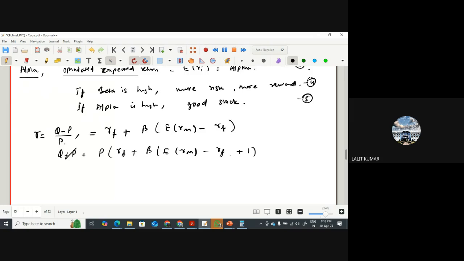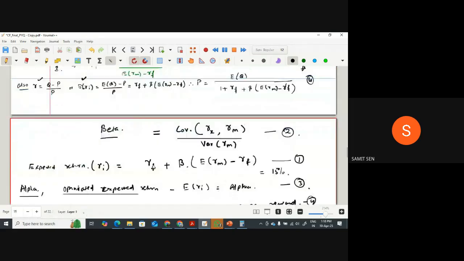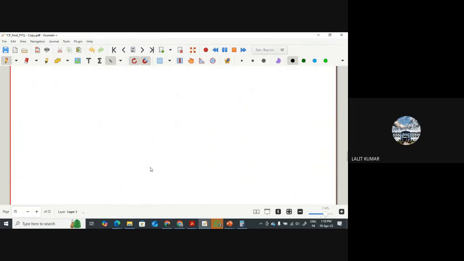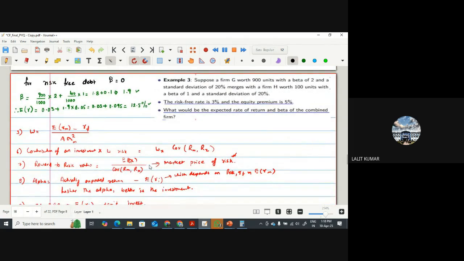And now you can have P is equal to Q over (1 plus RF plus beta into (ERM minus RF)). So expect a question on this price also. Okay, so this is your sixth formula. What is Q here? Q here is your expected return. Okay. So in this we have covered.